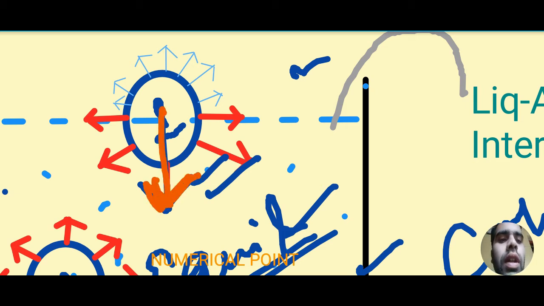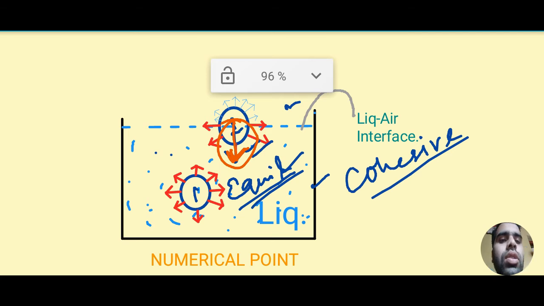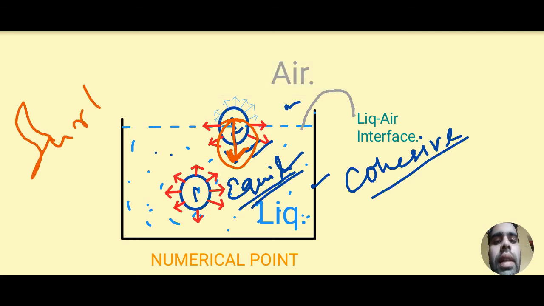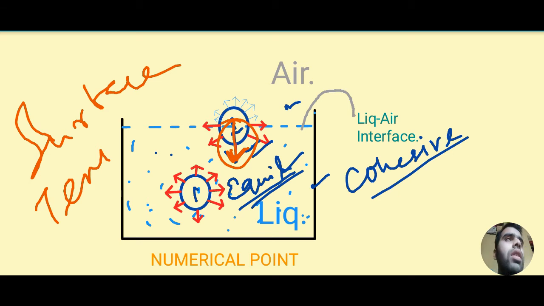So the upper layer of the liquid is already under tension due to these unbalanced forces. This phenomenon is called surface tension. So it is already under some load acting downwards.